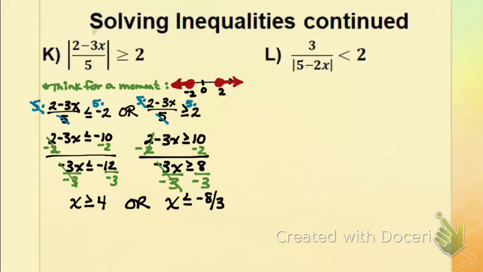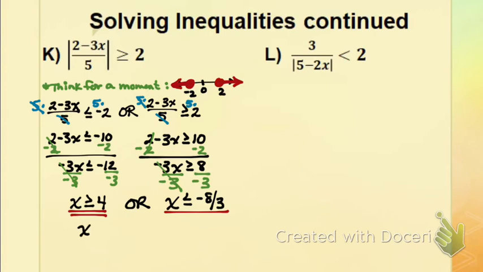Which one of those is describing the left-hand side, the lower portion of my solution set? This guy right here is describing the left-hand portion, because that is x is less than some value. This one should go to describe my right-hand side.